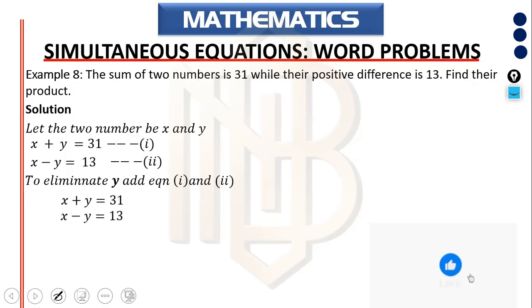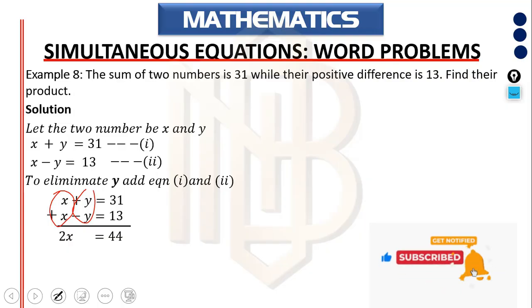We can just add it straight up. x plus x will give us 2x, y minus y will give us 0, and 31 plus 13 is going to give us 44.